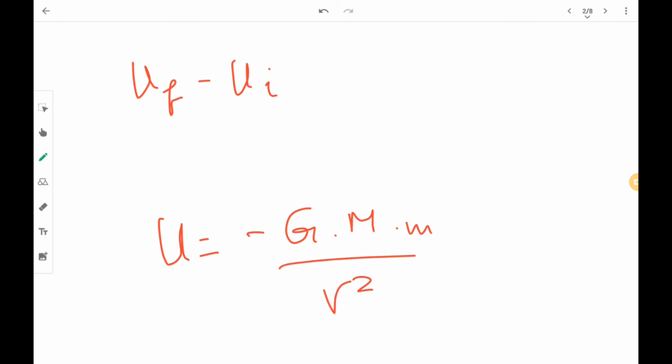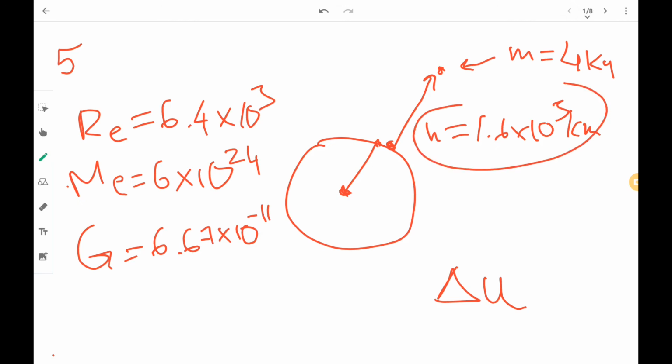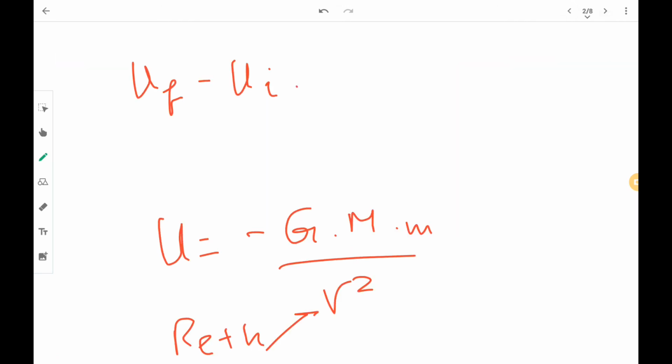So you do U final minus U initial. The formula for U is minus G M over R squared. For the final, this R would be the radius of the Earth plus the H, this H, but for the initial it would be just the radius of the Earth.